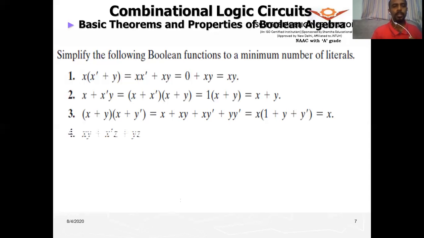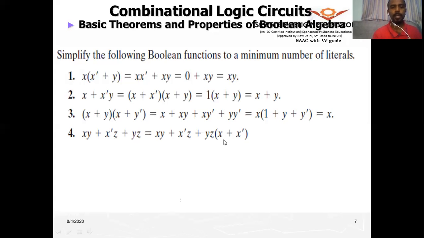All right, the next problem, xy OR x complement z OR yz.